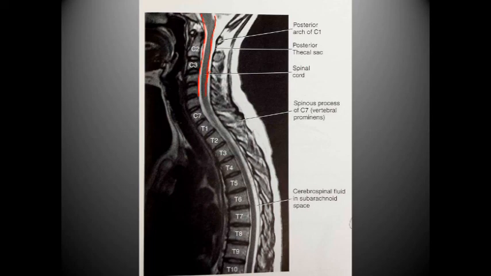Additionally, we have C1, C2, C3, C4, C5, C6, C7, T1, all the way down to T10. We have the vertebral bodies well demonstrated. We have the nucleus pulposus demonstrated on many levels, and the annulus fibrosus demonstrated as well.